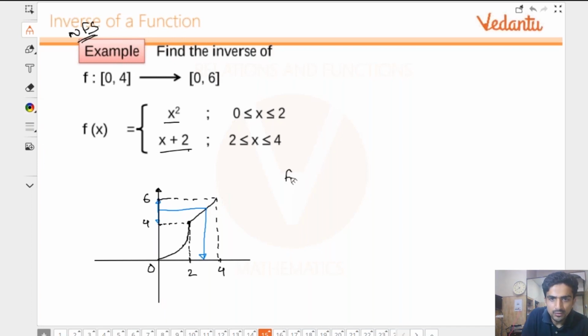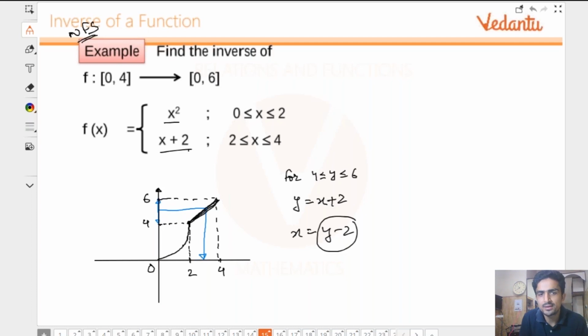So when y is from 4 to 6, I'll be coming back using this part. So y equals x plus 2, so x is y minus 2. That is how I will come back using y minus 2. 5 will come down to 3. If we go by x plus 2, we'll come back by y minus 2.